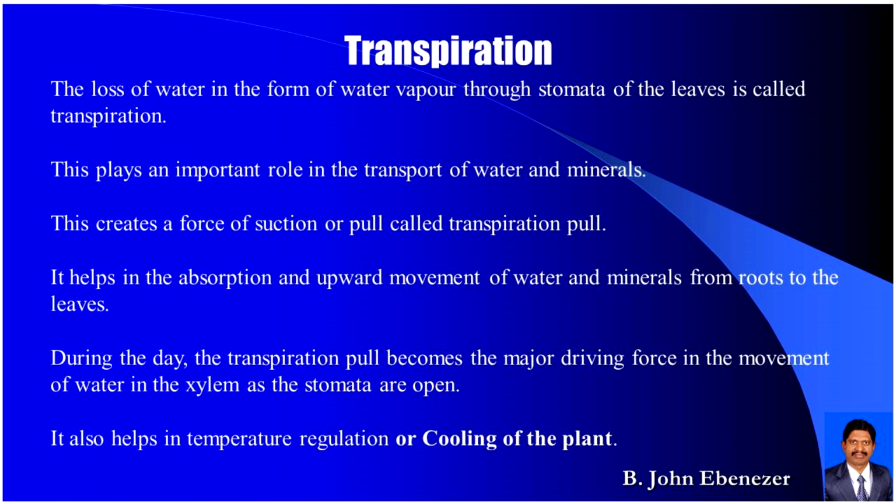It helps in the absorption and upward movement of water and minerals from roots to the leaves. During the day, transpiration pull becomes a major driving force in the movement of water in the xylem as the stomata are open. It also helps in temperature regulation or cooling of the plant.